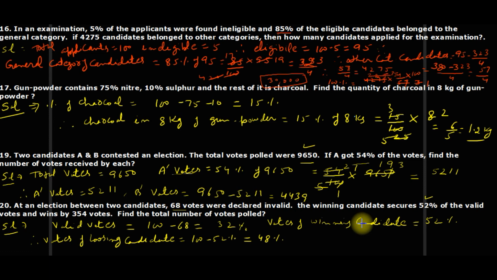Now the winning candidate scores more by 354 votes. That means this is the difference between the winning and the losing candidate, right?